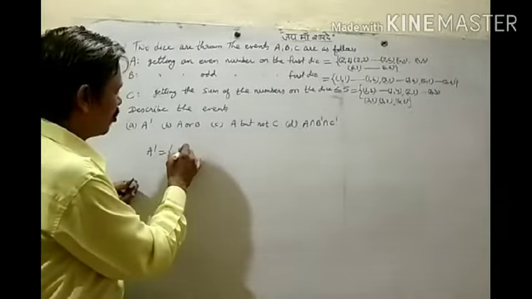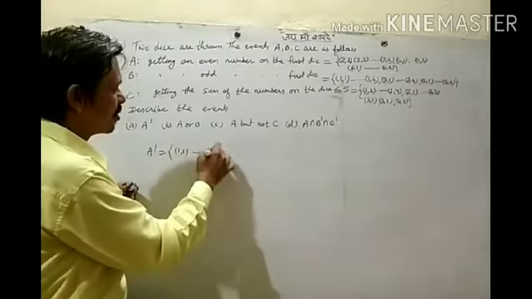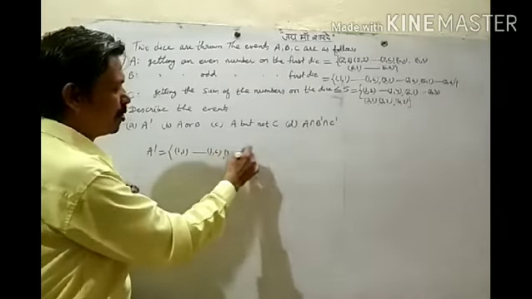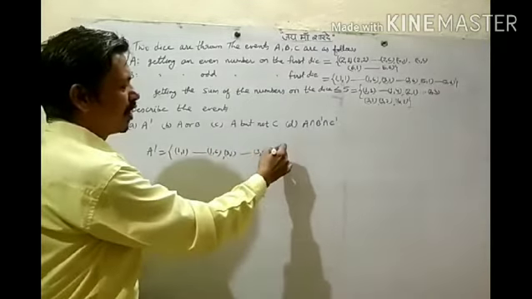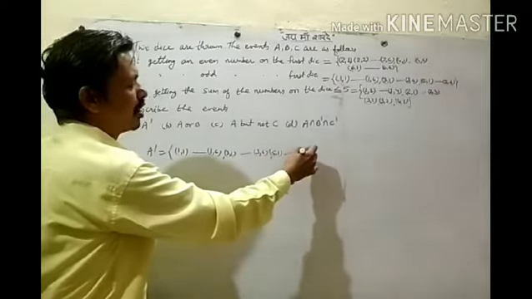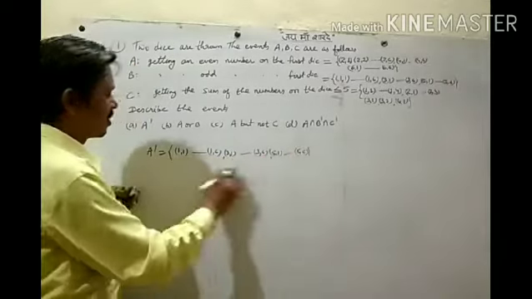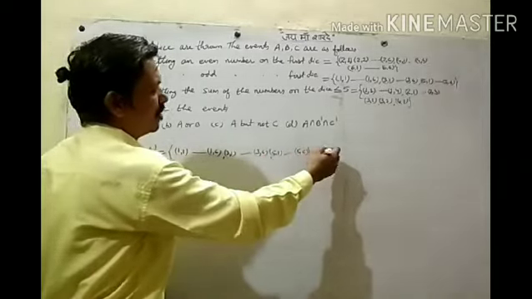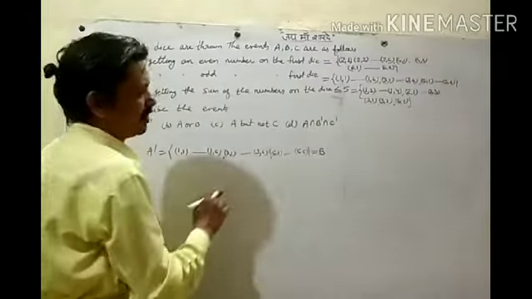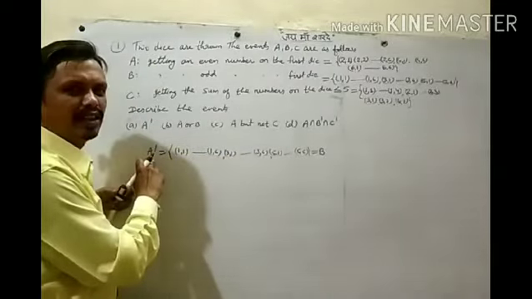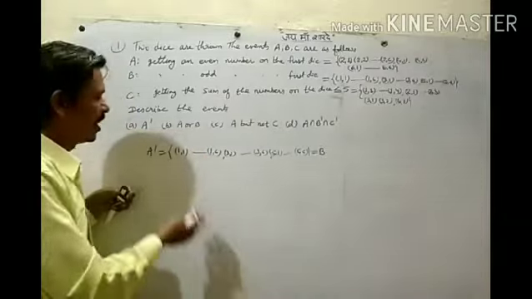So elements 1,1 to 1,6, 3,1 to 3,6, 5,1 to 5,6 will come here, meaning event B only. So A complement is B, A dash is B. This is the first answer.